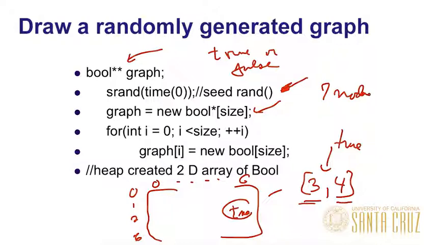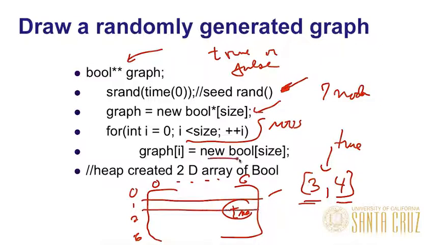So these are the rows. That's what's being created here. And then these are all capable of storing a Boolean value. So the heap has allocated off the heap through this for loop. I've created a two-dimensional array whose base pointer is graph.